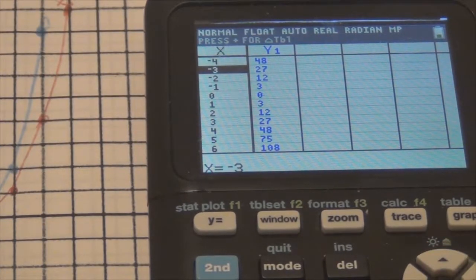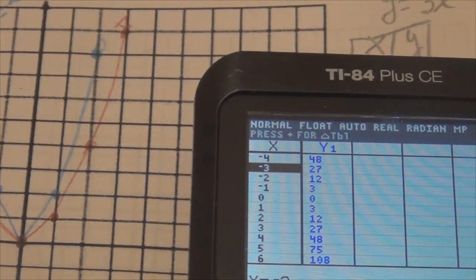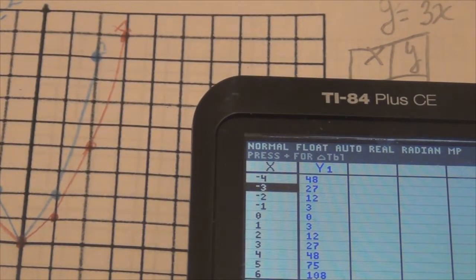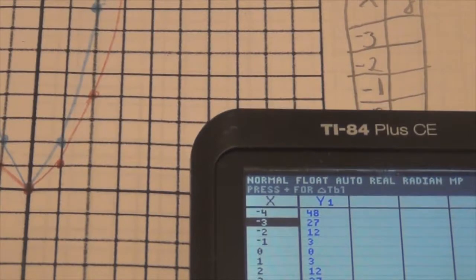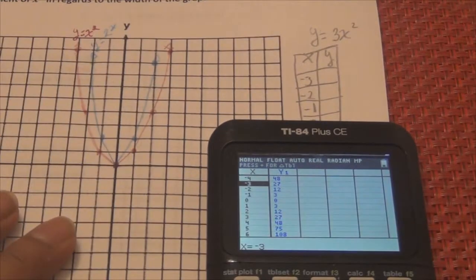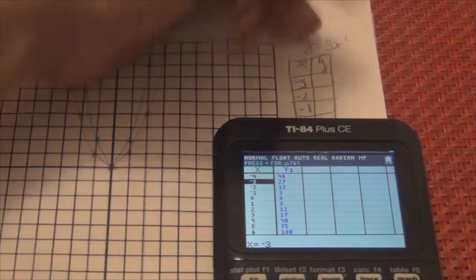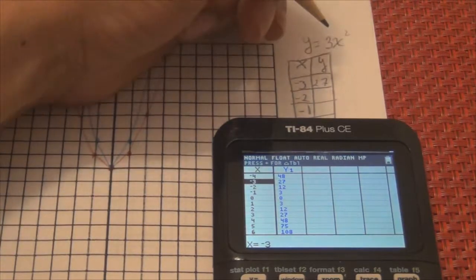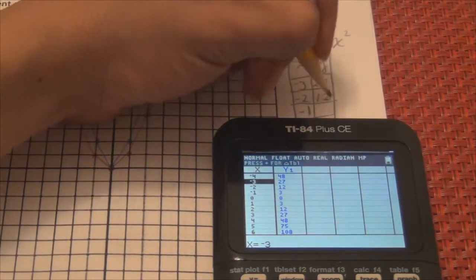See that? So negative 3 is 27. So I'm going to complete the table right here from the values that I see here. Negative 3 is 27. Negative 2 is 12.